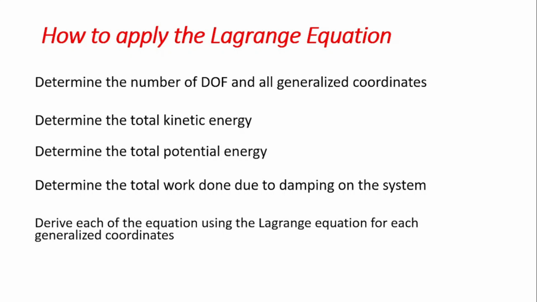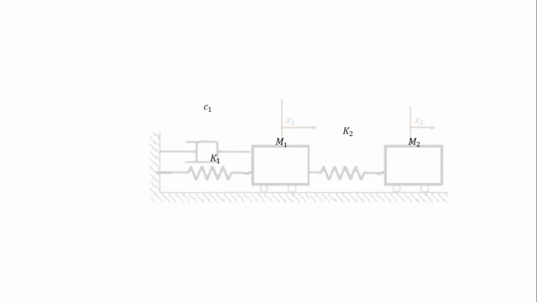Then after that, you need to determine the total kinetic energy in the system. Then you proceed to determine the total potential energy. Then you determine the total work done due to damping on the system. Then you derive each of the equations using the Lagrange equation for each of the generalized coordinates.